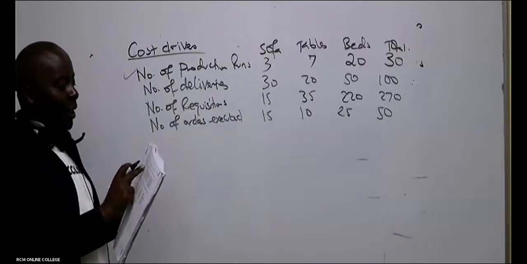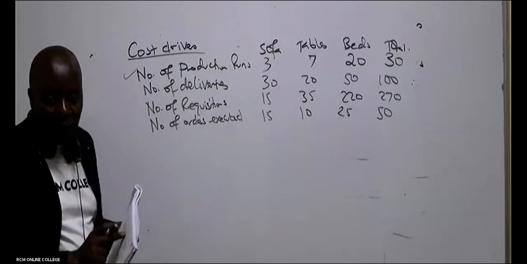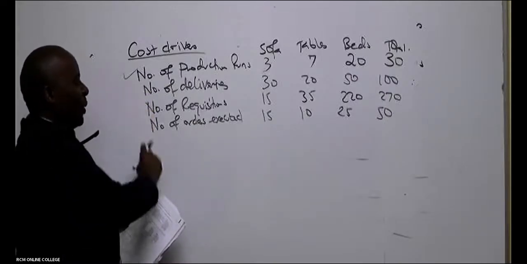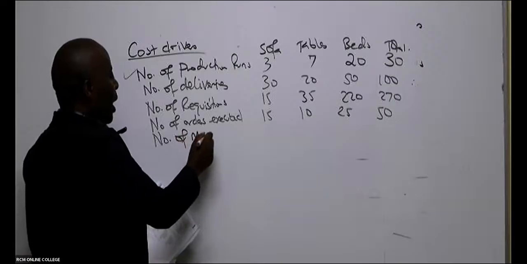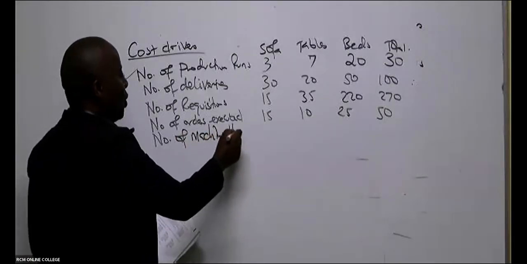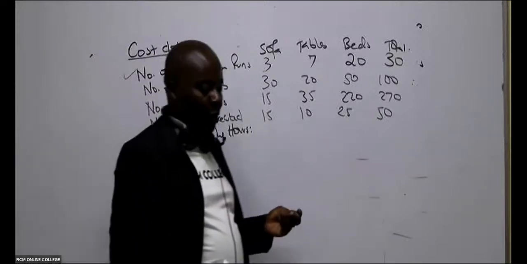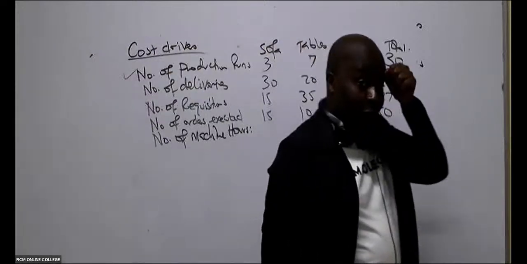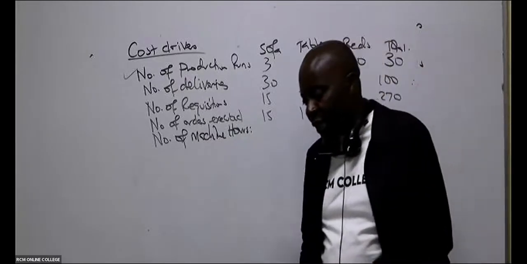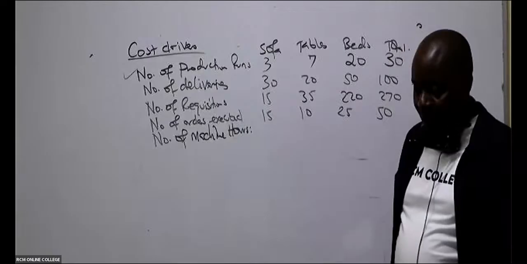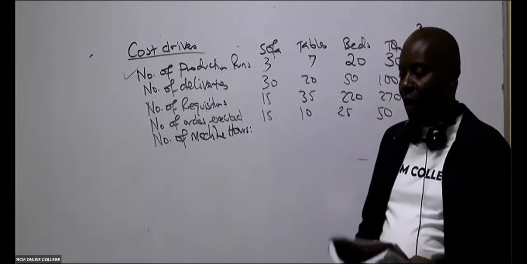The second one is machining cost. For machining cost, they want us to use number of machine hours. We don't have that here, so we must include it. So go to whichever table and give me the machine hours, because the table they have given us here doesn't have machine hours.